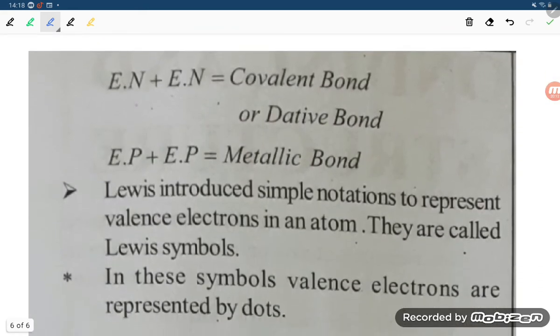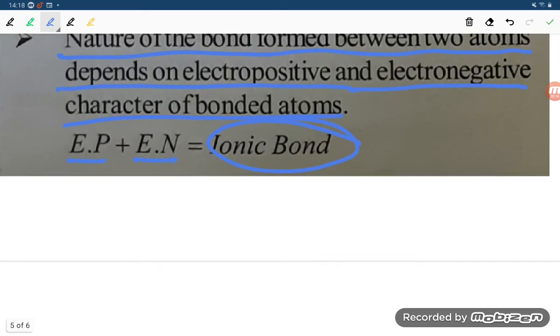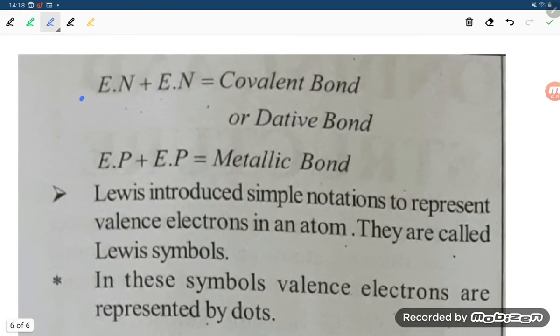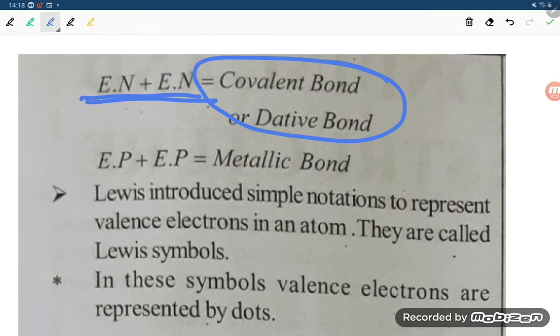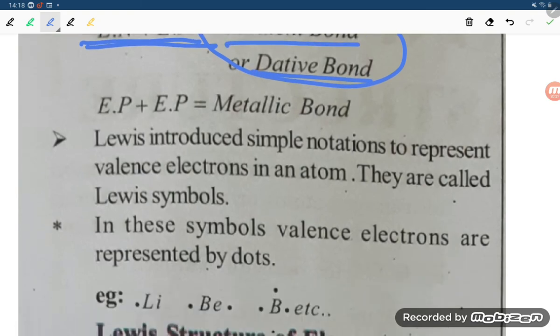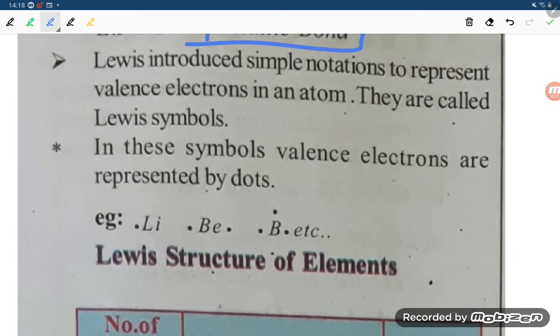If both are electronegative and combine, a covalent bond forms, or a dative bond. If electropositive and electropositive atoms combine, a metallic bond will form.